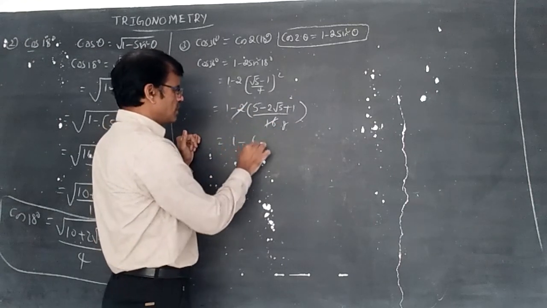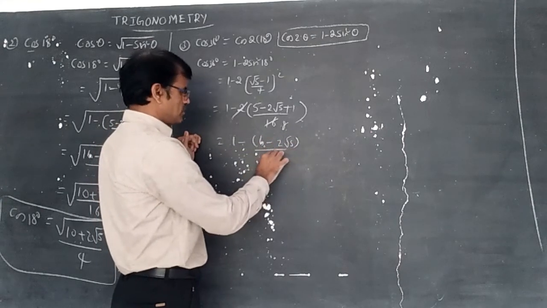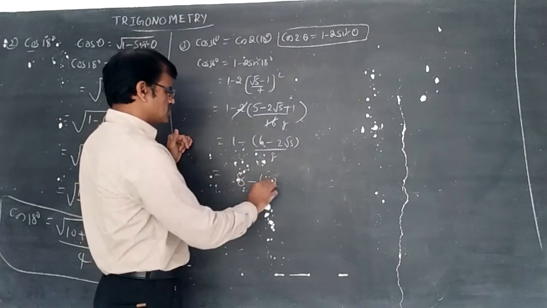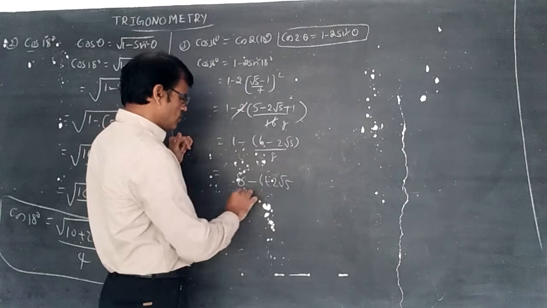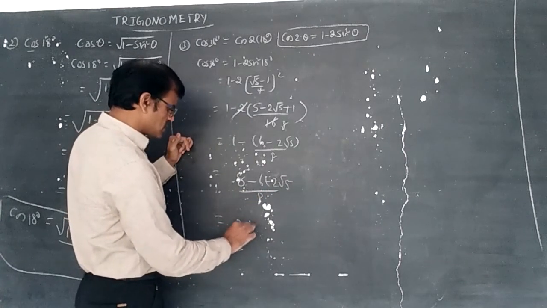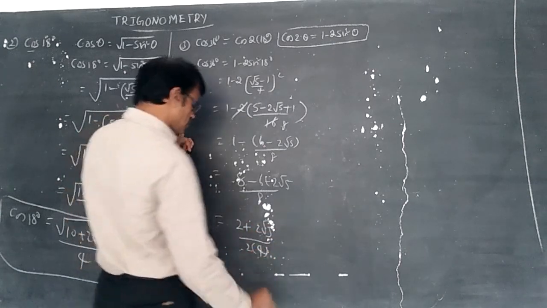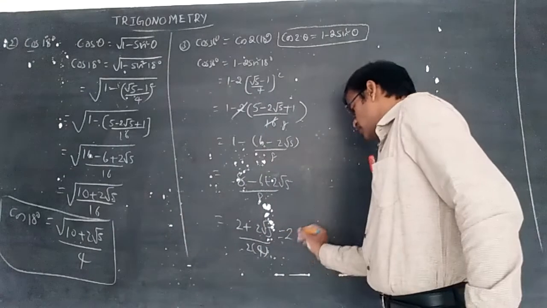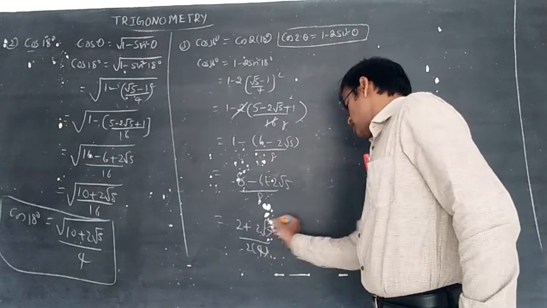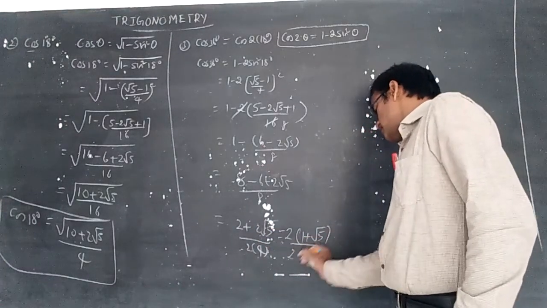That is equal to 1 minus (6 minus 2 root 5) by 8. Take LCM here. It becomes (8 minus 6 plus 2 root 5) whole by 8. So 8 minus 6 gives 2, so 2 plus 2 root 5. Taking 2 common here, within the brackets 1 plus root 5, whole by 2 into 4.